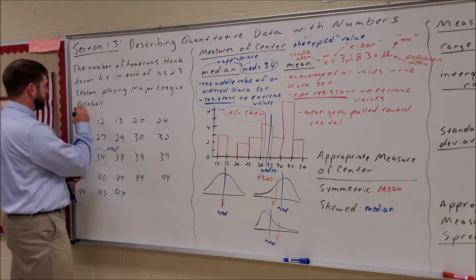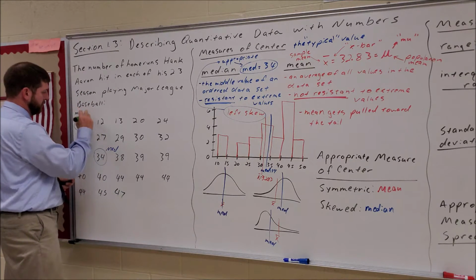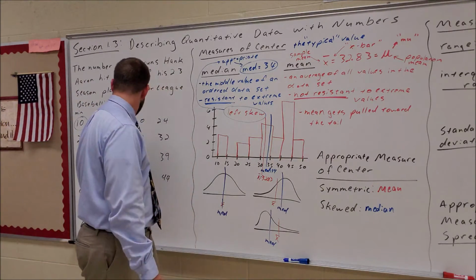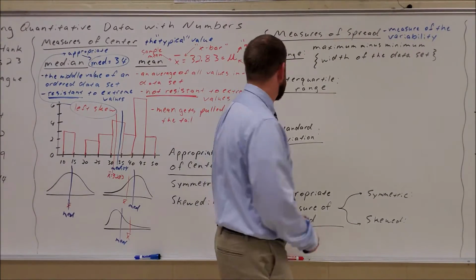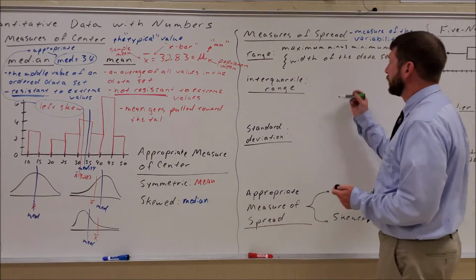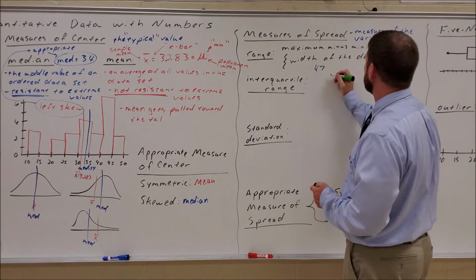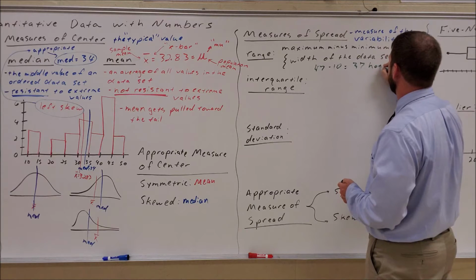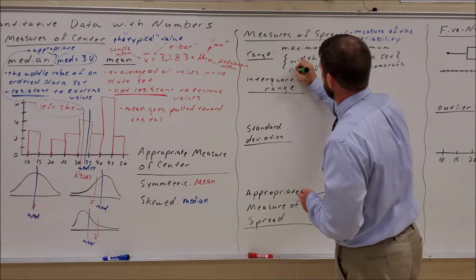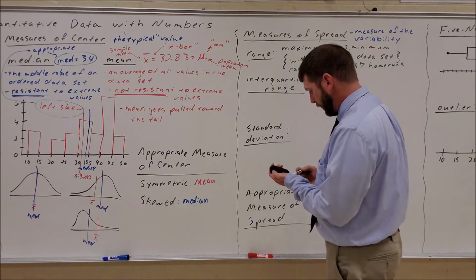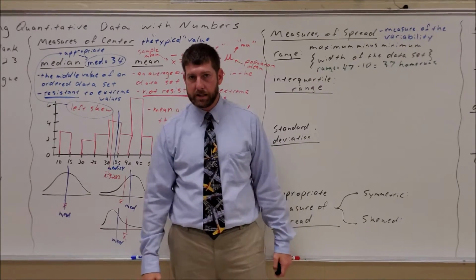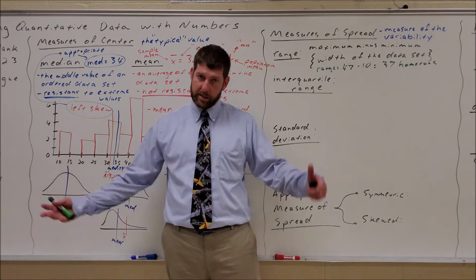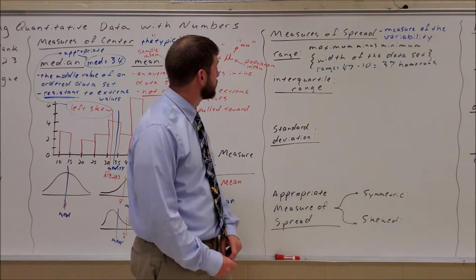So my maximum minus my minimum: he hit 47 home runs maximum, 10 home runs minimum, so 37 home runs. That's his range. The number of home runs he hit in a season varied by 37 home runs. Okay? That's the variability of it.